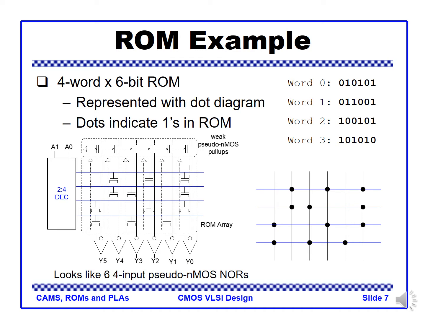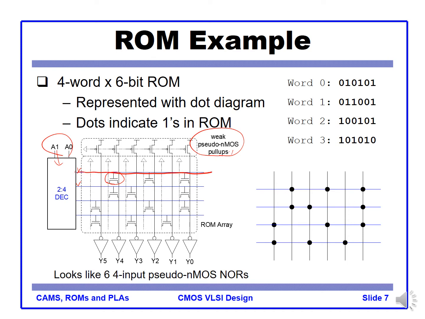So this is a ROM example. This is a transistor. So we have a big pull up here. If there's a transistor present, then it pulls down the bit line. So if one of the word line addresses comes in, one of the word lines is asserted.